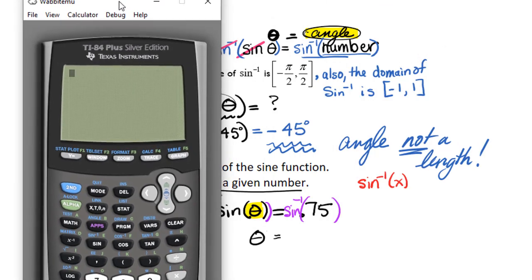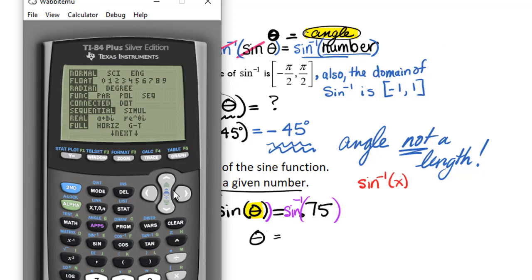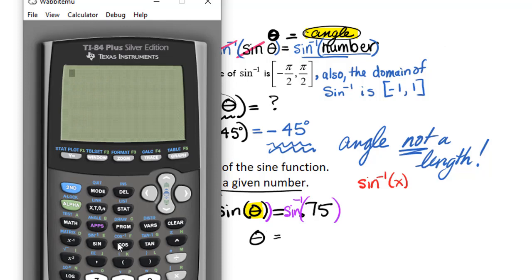So I have my calculator here. I'm going to mode and make sure that I'm in degrees, and then find the arcsine, blue button, second, arcsine of 0.75.